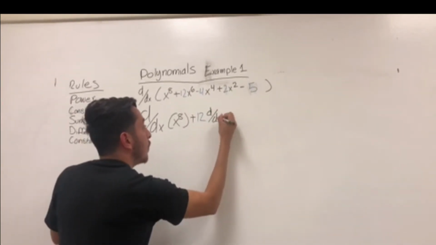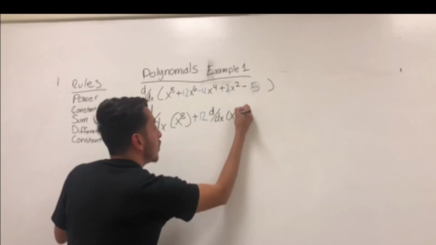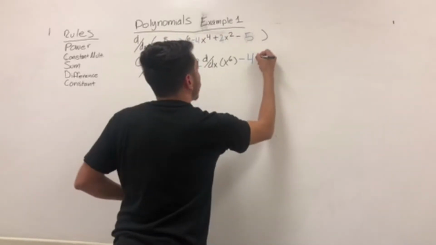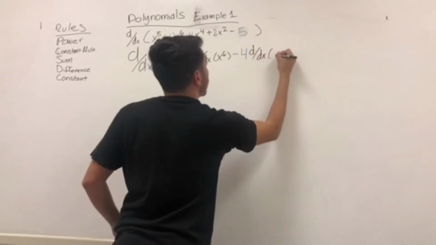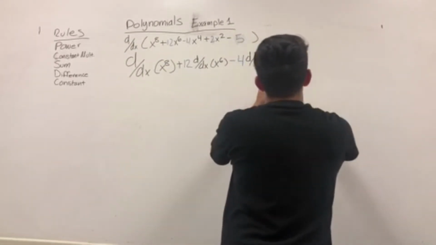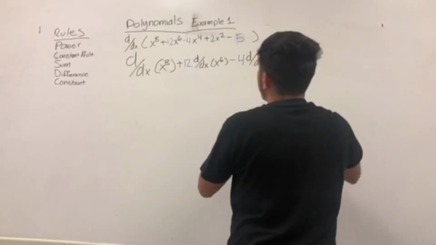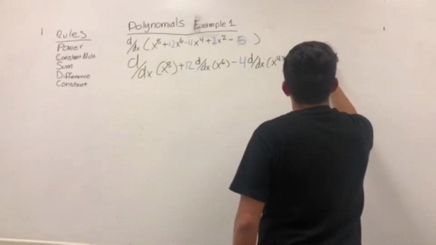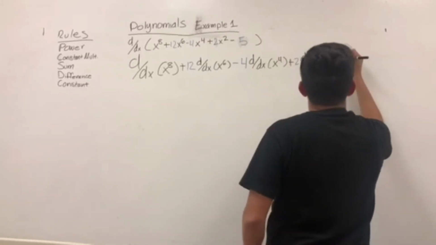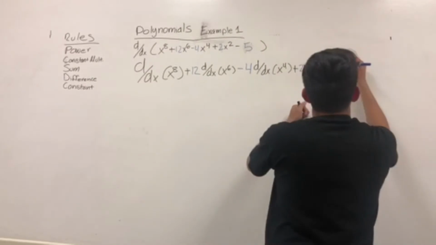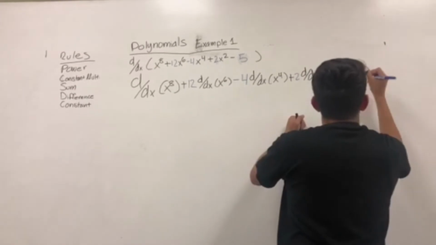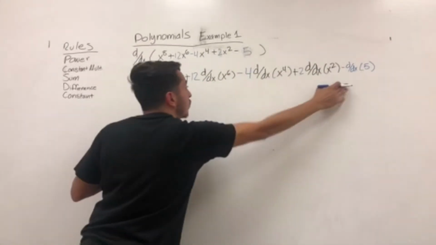I'm going to write the constants in blue. d over dx of x to the 4th power, plus, using the constant multiple rule, we separate the 2, then it's going to be d over dx of x squared, minus d over dx of our constant 5. I'll let that be blue since it's just a constant.